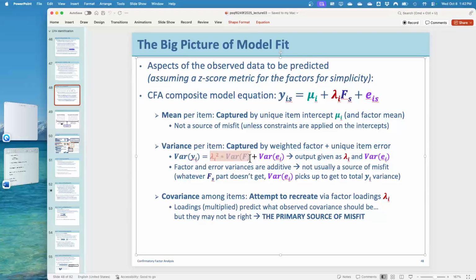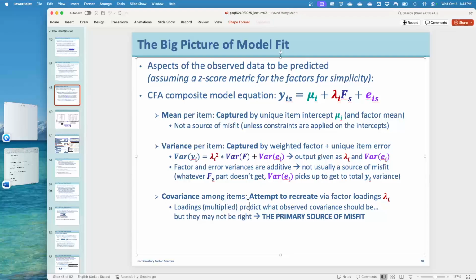And that's what happens. So what I'm trying to say is that additive term for variance makes it so that we don't worry about variance misfitting unless there's some type of constraint on our error variance. We normally wouldn't do that, but we have it there.